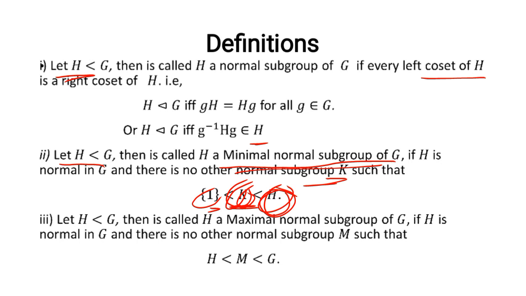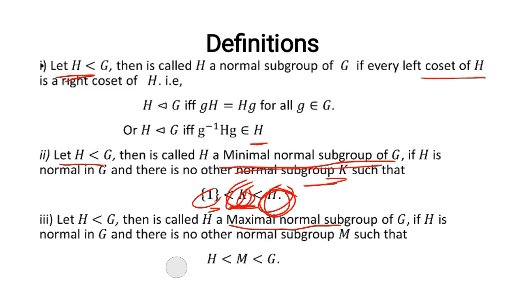In a similar way for maximal normal subgroup, you know that between the eldest child and the parents will be mommy or daddy, right? So if you cannot find any other child between daddy and mommy, so let G be daddy and mommy and H be that eldest child, you can't find any M that will now come and say I am the eldest child, then that H is called a maximal normal subgroup.